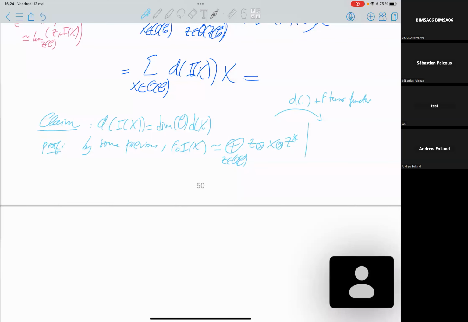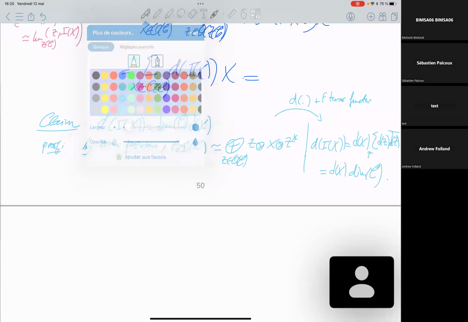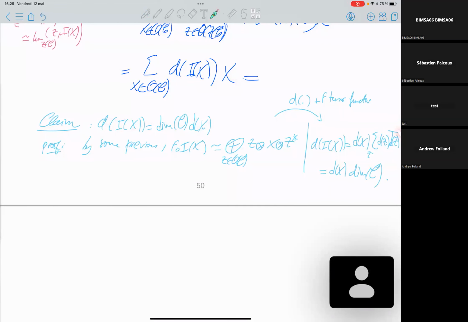You get the dimension of I(X) equals dx times the sum of dz bar, the conjugate, which is equal to dx times the dimension of C. The dimension of Z star is the dimension of Z complex conjugate.